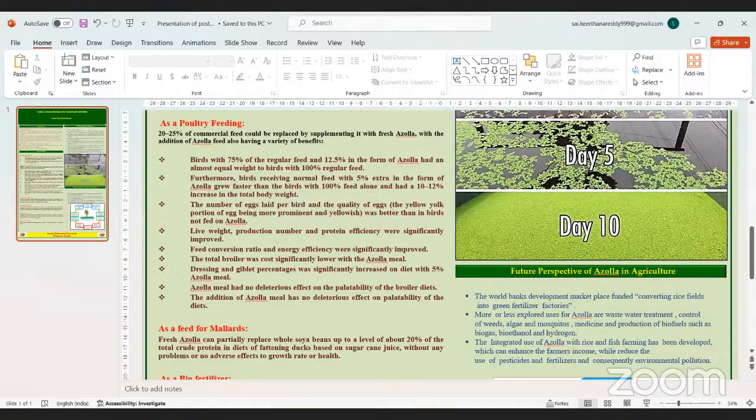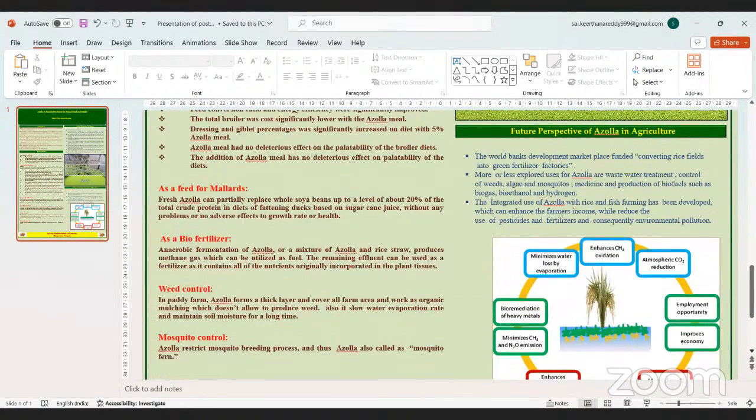The total broiler cost was significantly lower with the Azolla meal. As a feed for mallards, fresh Azolla can partially replace whole soybeans up to a level of about 20% of the total crude protein in diets of lactating ducks based on sugarcane juice, without any adverse effect on growth rate or health. As a biofertilizer, it is also used.